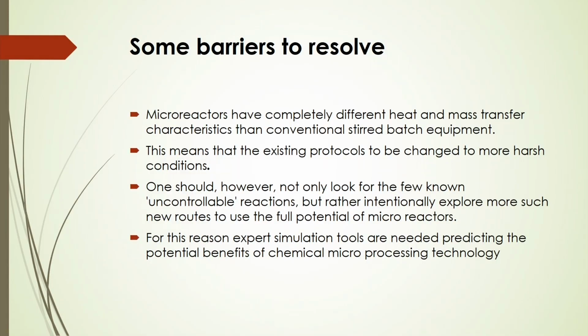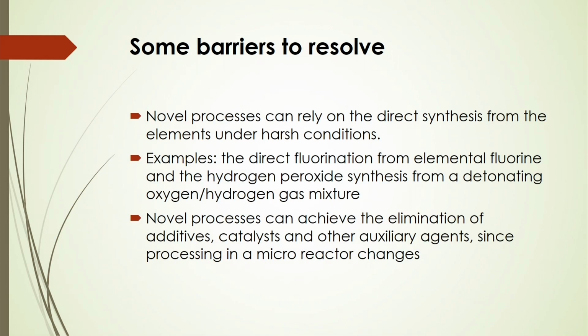So, in that case you have to change some existing protocols to more harsh conditions. And for this reason, expert simulation tools are sometimes needed to predict the potential benefits of chemical microprocessing technology for heat and mass transfer characteristics analysis in the microreactor.